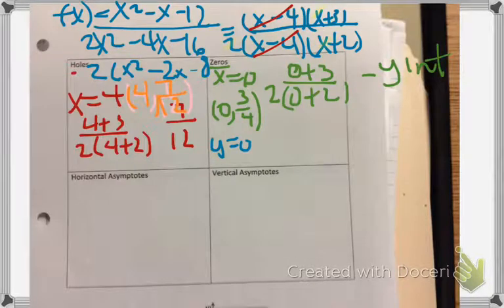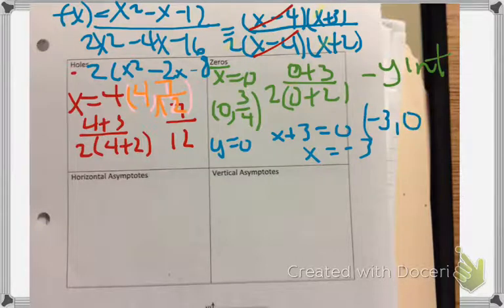So all we need to do is set your numerator to 0. Our numerator in this case is x plus 3. So we set that equal to 0. So x would be negative 3. So now for our x-intercept, we would have negative 3, 0.